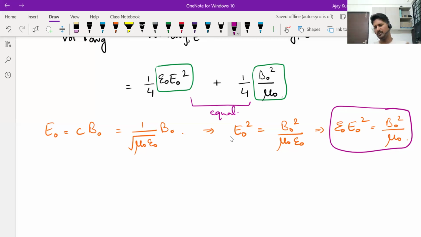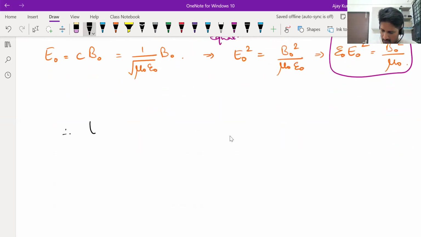Although the magnitudes of E naught, B naught, numerically they are very different. There's a huge ratio between them numerically. But as quantities, they are not even supposed to be compared. You can't compare an electric field and a magnetic field. They are completely different quantities. And if you look at the energy carried by the electric field of an EM wave and the magnetic field of an EM wave, it happens to be equal.